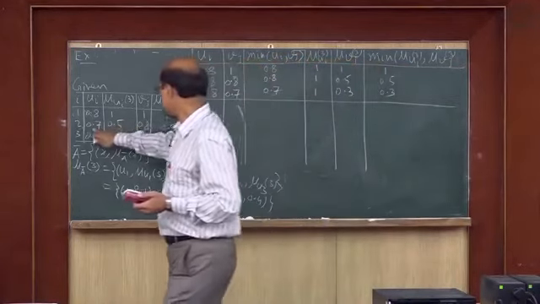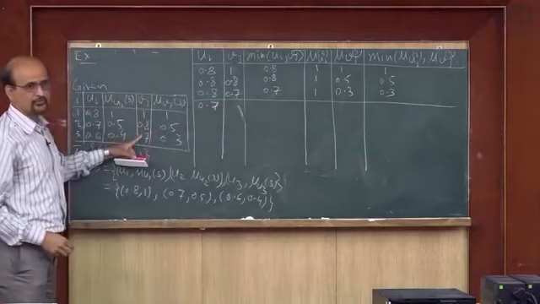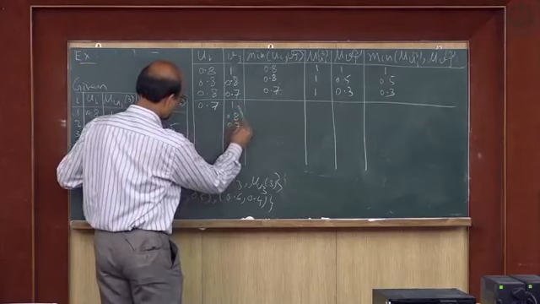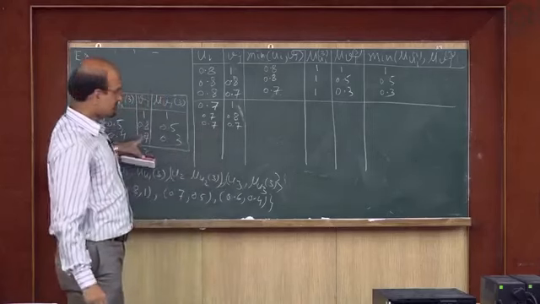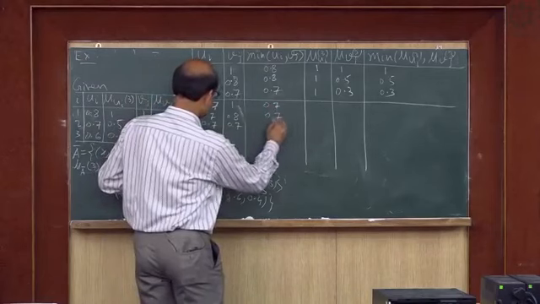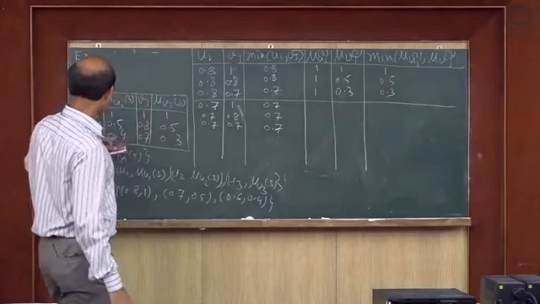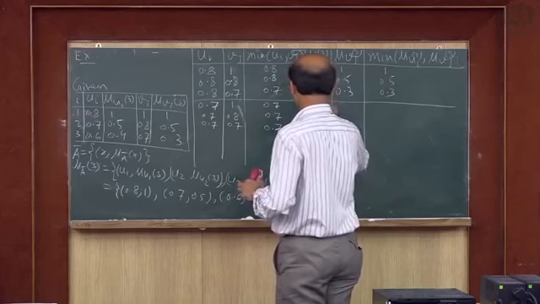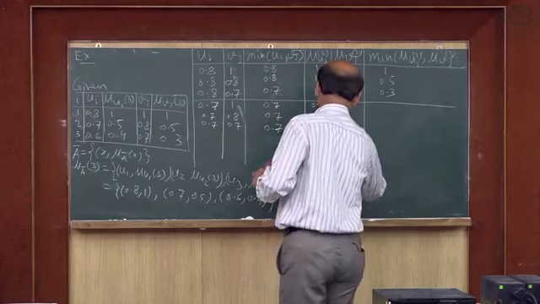Now, next you take 0.7. For 0.7 again I have the values 1, 0.8, 0.7. So it is 0.7, 0.7, minimum of this is 0.7, 0.7, 0.7. Now comes mu ui2. Mu ui2 are 0.5, 1, 0.5, 0.3.